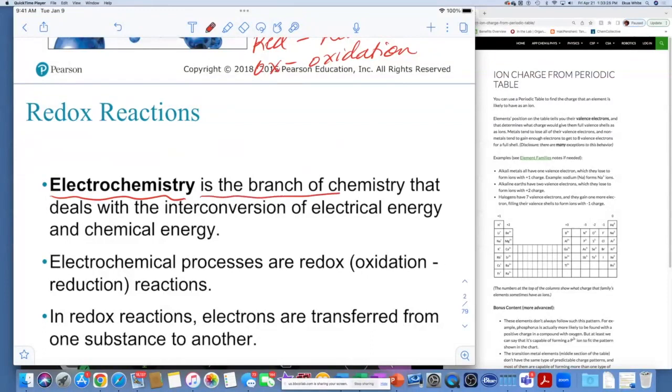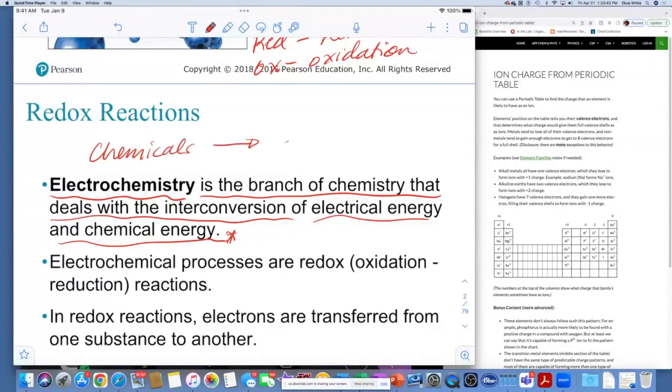So we're told it's the branch of chemistry that deals with the interconversion of electrical energy and chemical energy. So we're not only looking at electricity in general, we are looking at where electricity comes from. From this statement here, we're seeing that chemicals convert into electrons by releasing electrons, right? And electrons ultimately yield electricity.